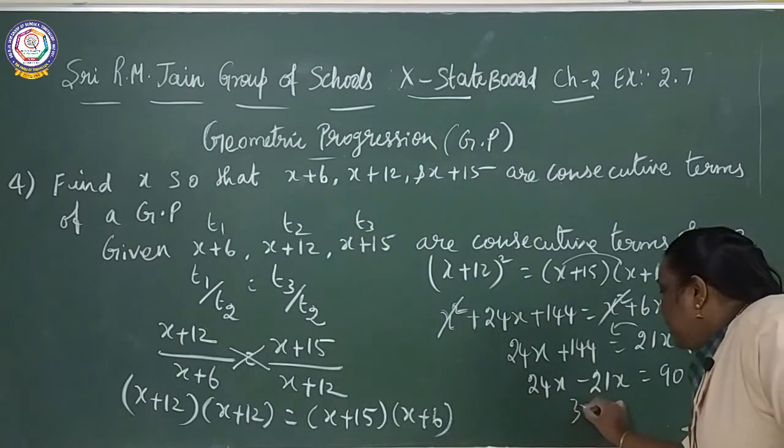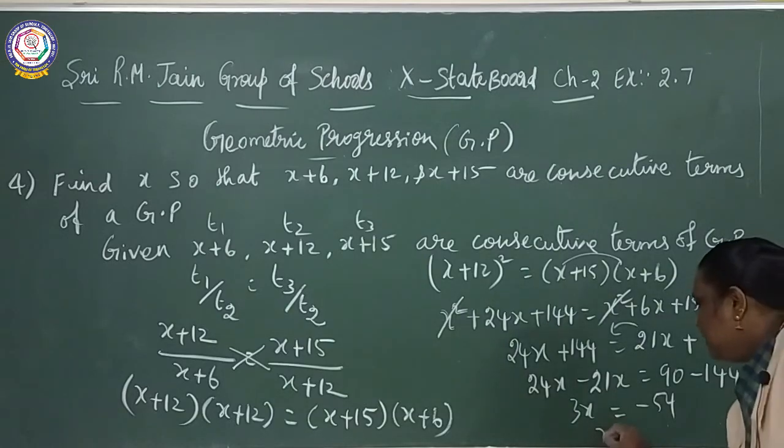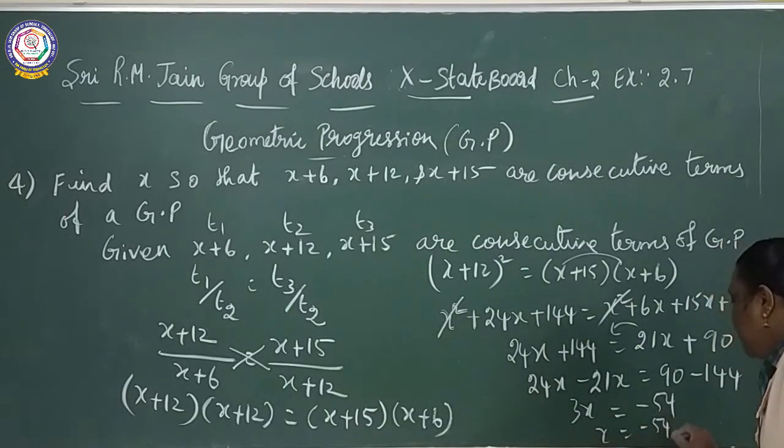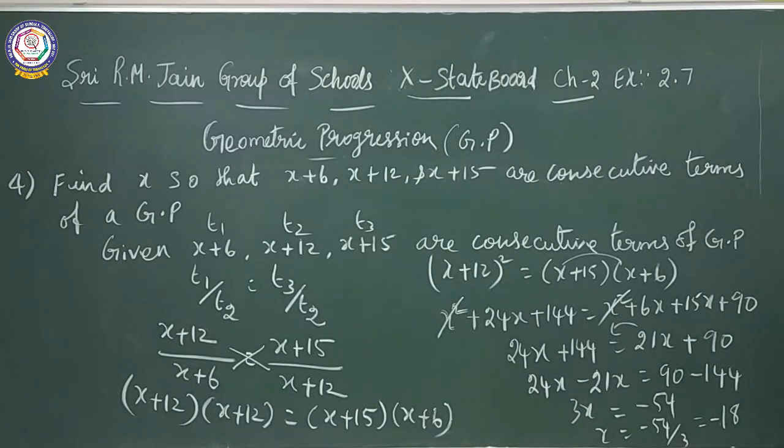So 3x equal to minus 54. x equal to minus 54 by 3. What is the answer? It gives minus 18.